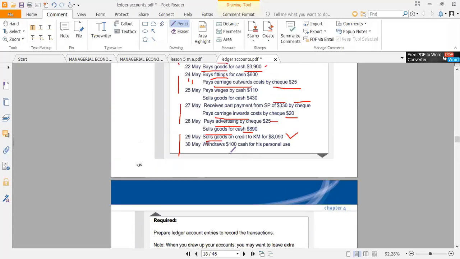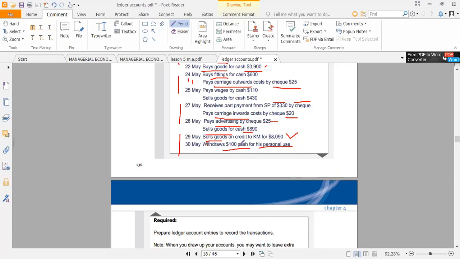Okay, so the last transaction here, we withdrew $100 cash for personal use. Which two accounts do we have here? Professional use is the drawings account. Okay. And the cash account. Excellent. Whenever there's personal use, it's drawings. If it's business use, it's the bank and the cash.